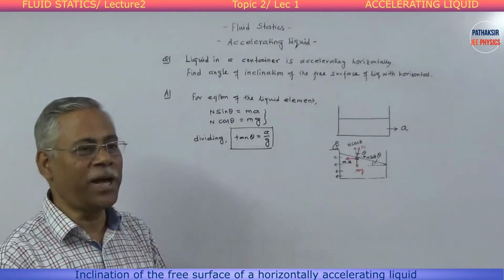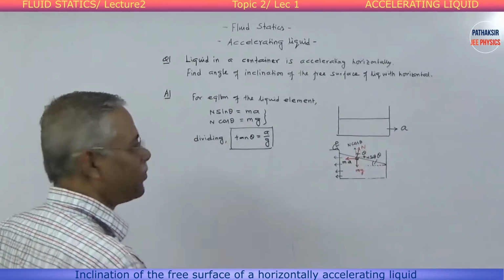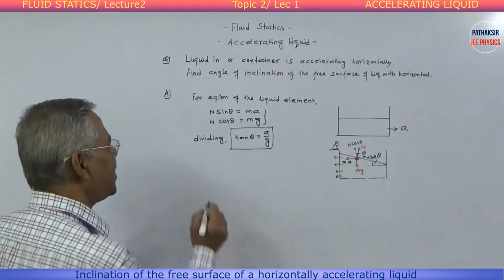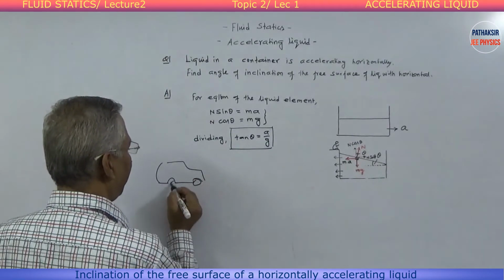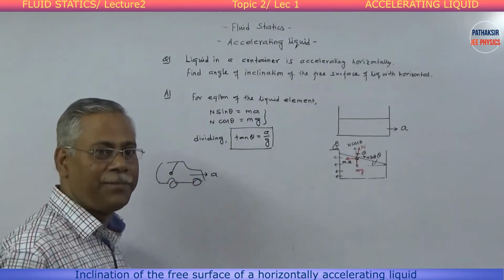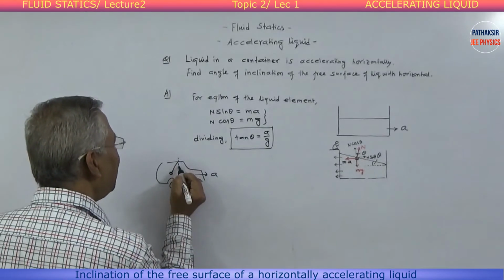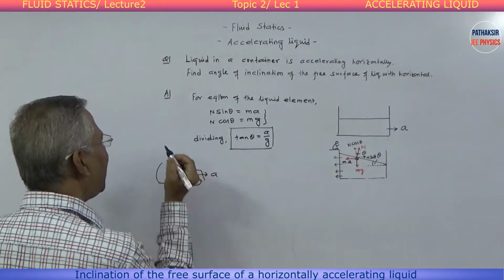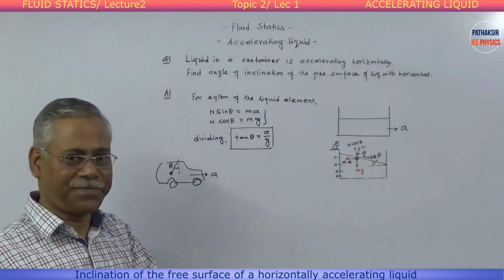Other instances of tan theta equal to a by g. Pendulum. I am showing other instances. In a vehicle accelerating, the pendulum will be in this position at this angle theta, and here also tan theta equal to a by g.